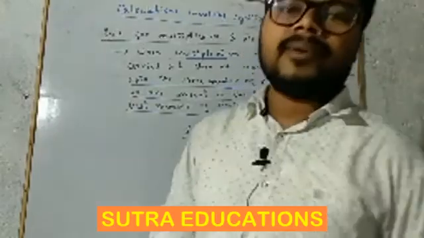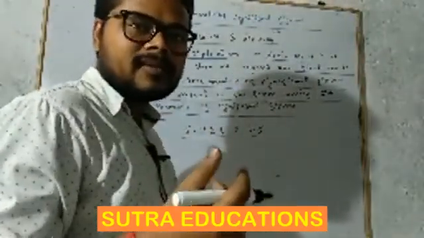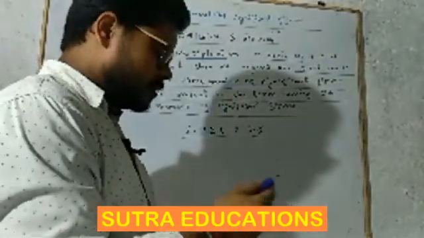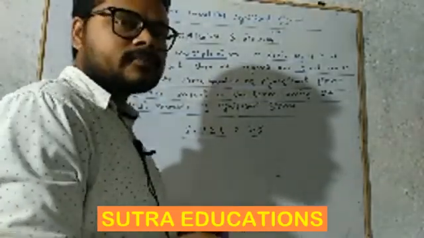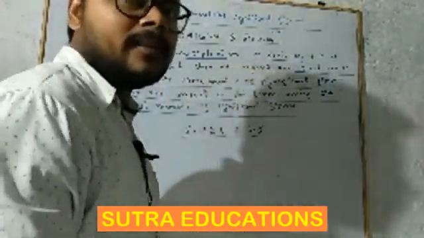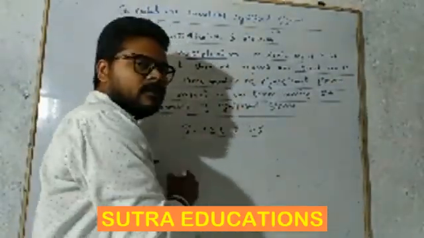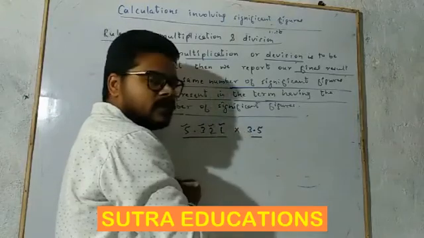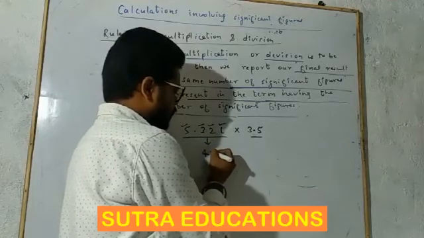What you have to do is simply find out the significant figures. You are now able to count significant figures. In the first term, 5 is non-zero, so significant; 3 is non-zero significant, 2 is non-zero significant, 1 is non-zero significant. So it is 4 significant figures.